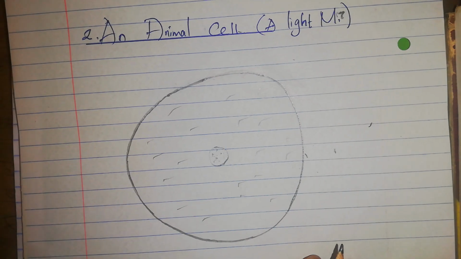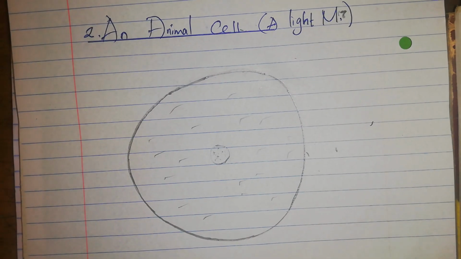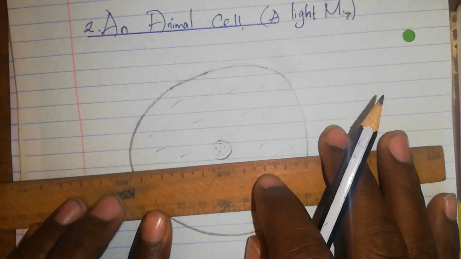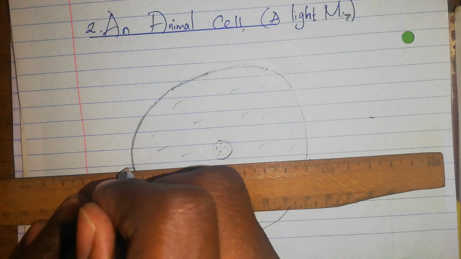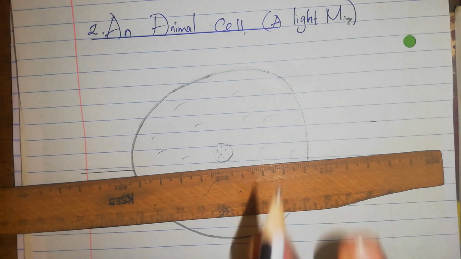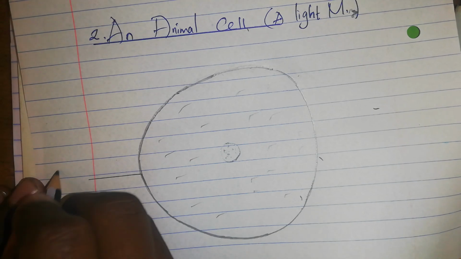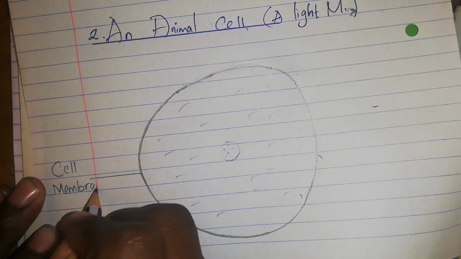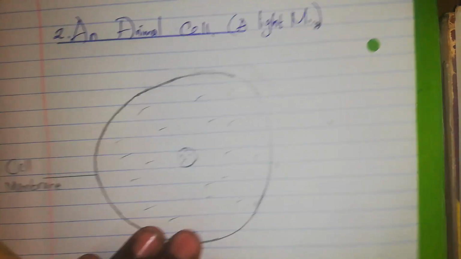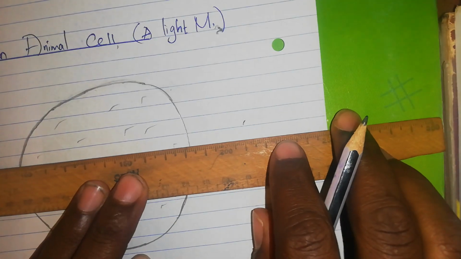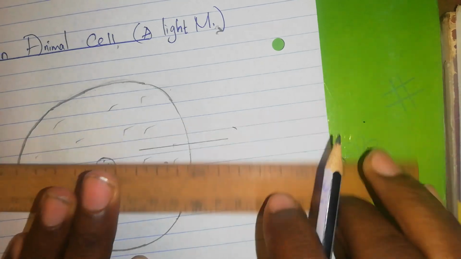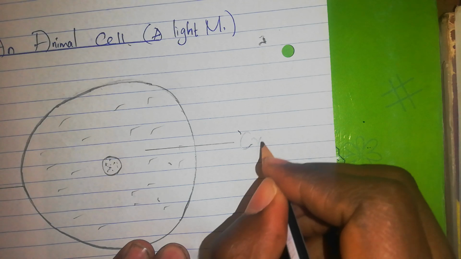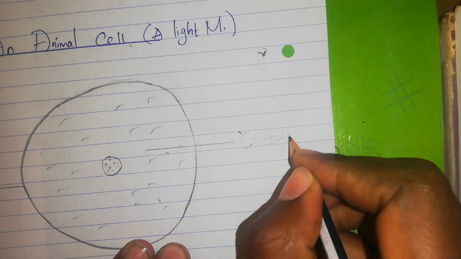Now the next thing is labeling our diagram. Again, we use horizontal straight lines. We start from the outermost one. This is the cell membrane. The second one is the middle one, which is the cytoplasm.